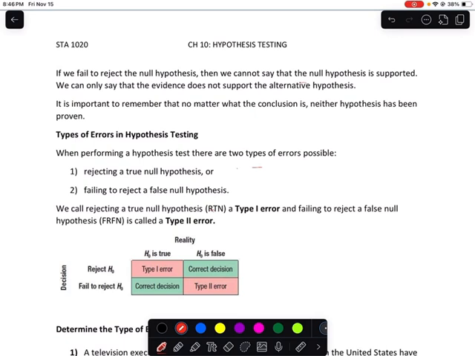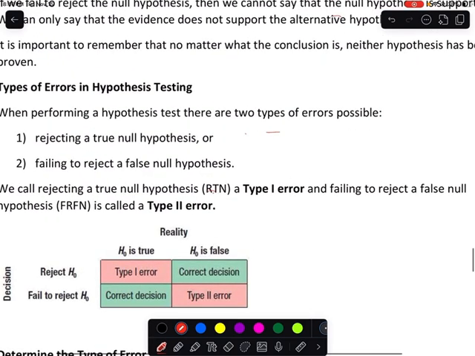So here there is a small table which is also available in the formula sheet. So if you are rejecting the null hypothesis where the null hypothesis was true, we made a type 1 error. And if we rejected the null hypothesis while the null hypothesis was false, then it is a correct decision.